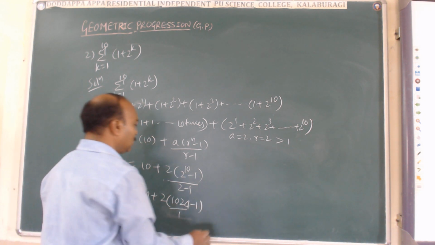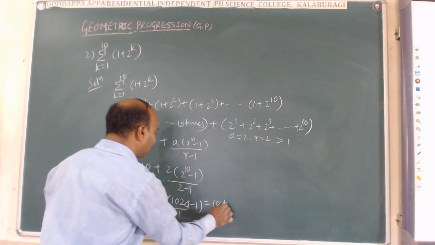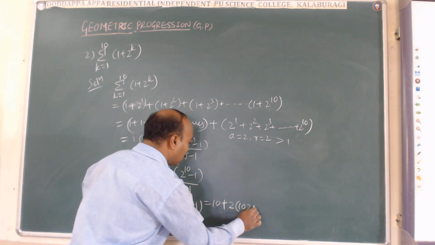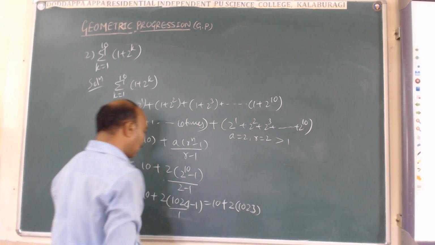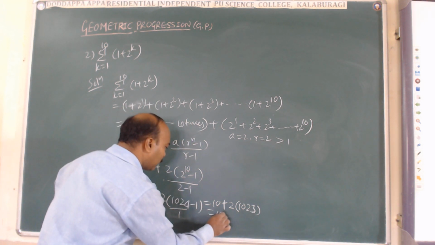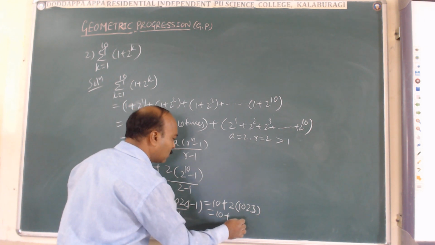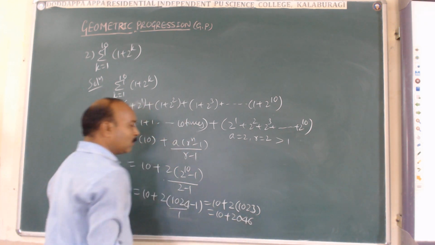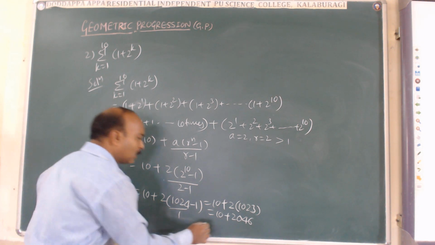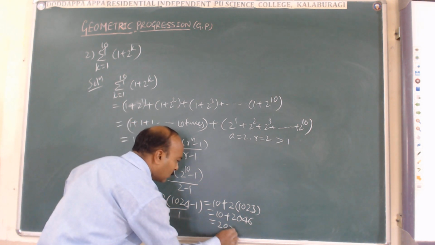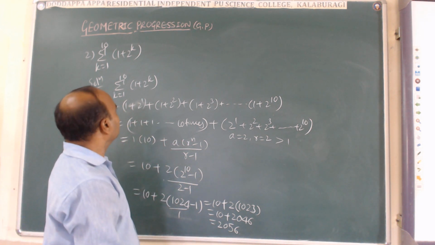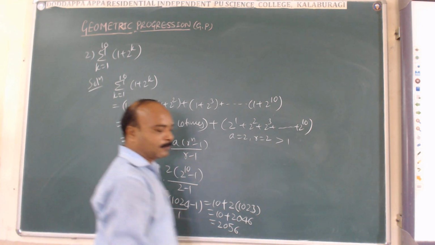Now it is 10 plus 2 into 1023 we are getting. Multiplying this, 2 ones are 2, 2 twos are 4, 2 threes are 6, it is 2046, and with 10 added, 2056. So this is the value of this given sigma notation.